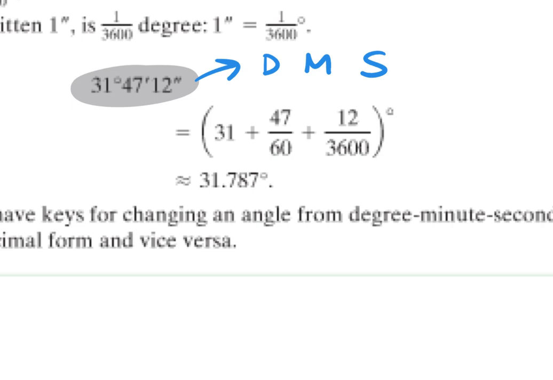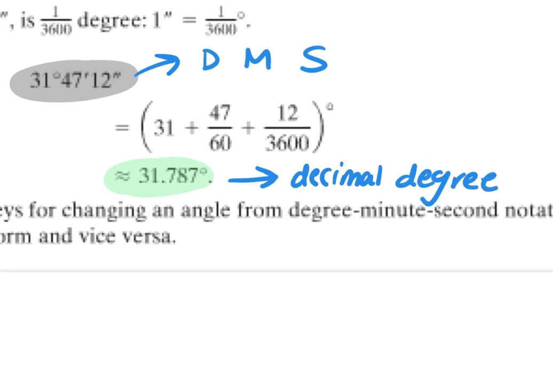And this guy is just your regular degree, which we call decimal degree. So without our smart calculators, the long way to do this is exactly what this sounds. A degree measurement, a minute measurement, and a second measurement.